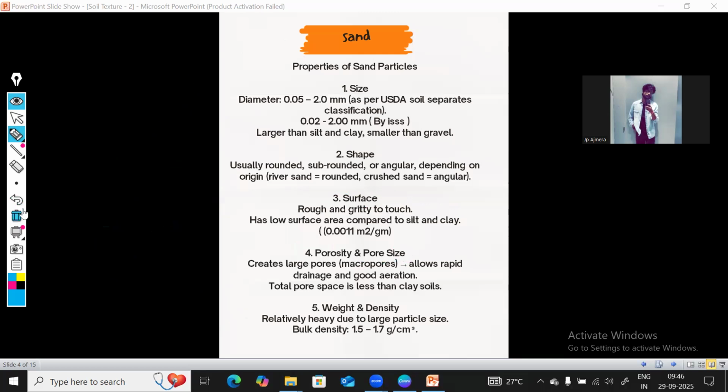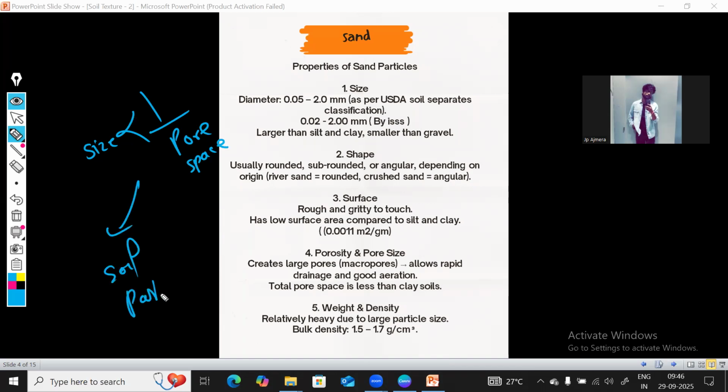We just went through that. Again, this is the size and pore space relation for solid particles.